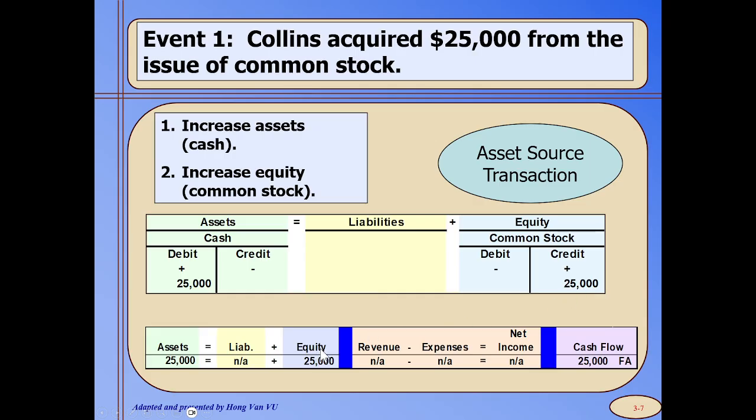And here's the effect of this transaction on the financial statements model that we learned from the last class. There's no effect on the income statement, but the cash flow statement records 25,000 of cash inflow from financing activity.